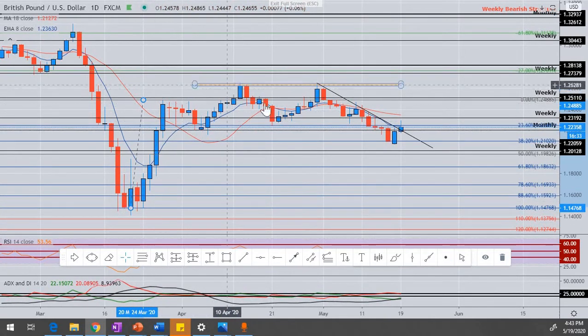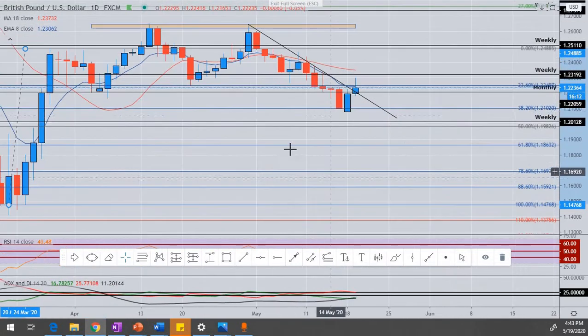When you see this push all the way up here, the goal I think is going to be the 27 and the 61, but price has not throughout this entire move hit a price reversal zone on the daily. When it pushed from here to here, it only came to the 23, pushed up, didn't quite get to the 27, pushed up, didn't quite get to the 27, finally has come back down and hit the 38, right?